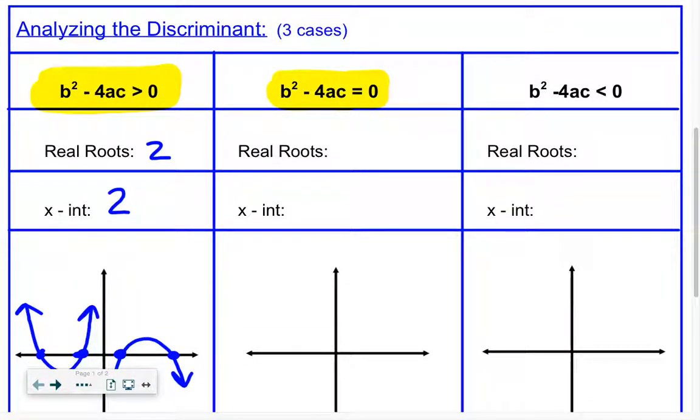Therefore, if I find that the discriminant is equal to 0, I now know I'm going to have one real solution, or one real root. Which means, how many x-intercepts will we have? 1. If that's the case, what else do we know about the graph?